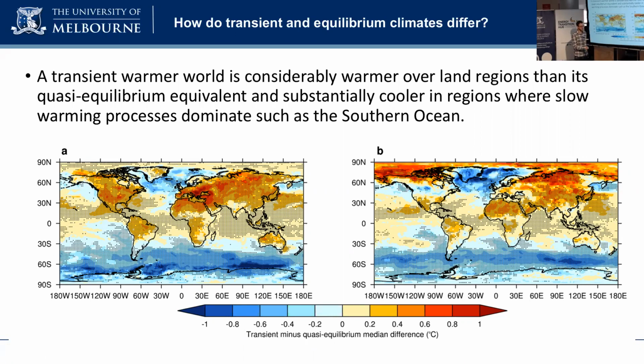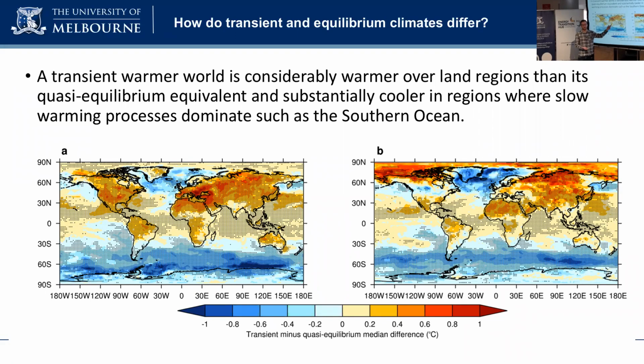So what this means is, if we were to follow a 1.5 degree scenario where we had an overshoot and then stabilization, we would expect that the Southern Ocean would be much warmer in that stabilized version of 1.5 degrees than in the transient one. But the opposite would be true over land regions.